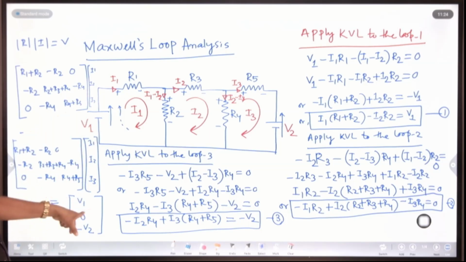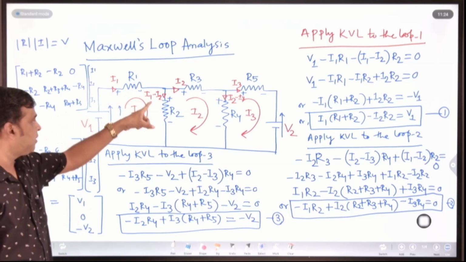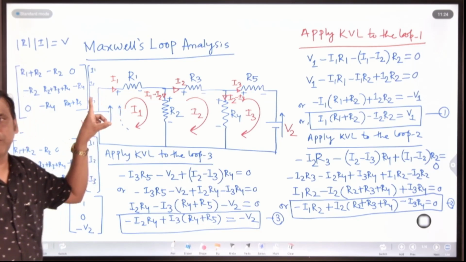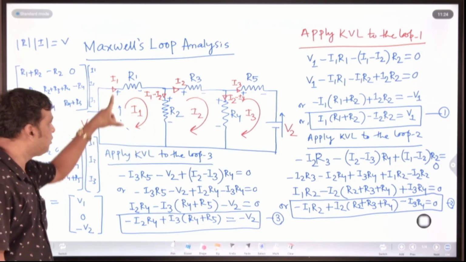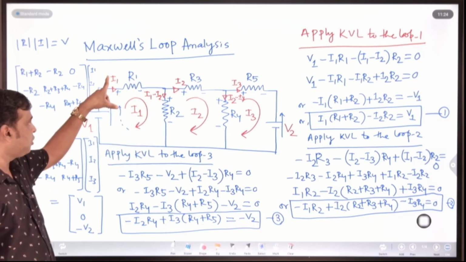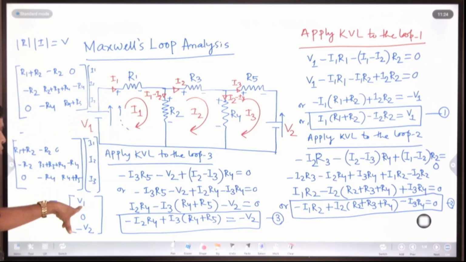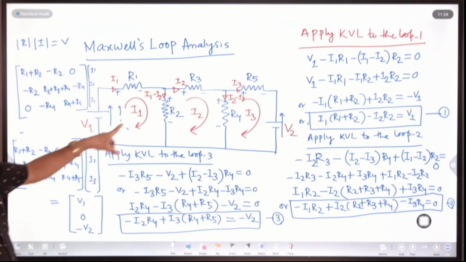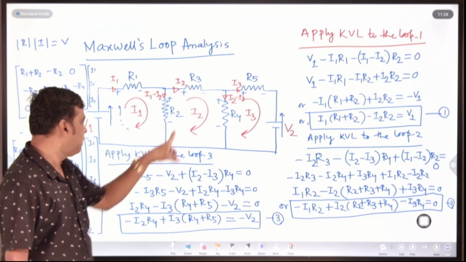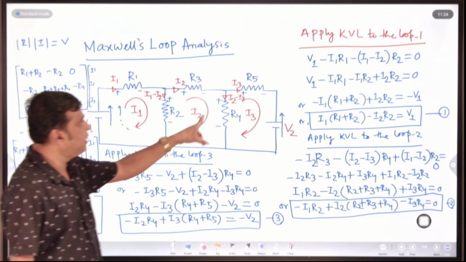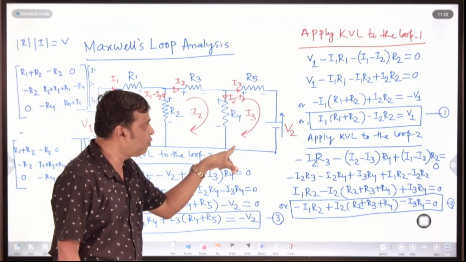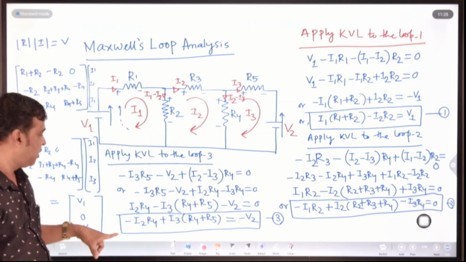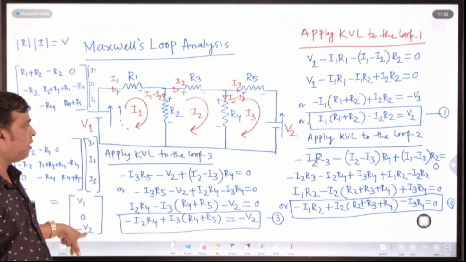When you are writing the voltage matrix, the direction of the current must be the same as the voltage source. Here the direction of the current is clockwise and the voltage direction is upward, the same direction. So that's why this V1 is positive. In the second loop there is no voltage source, the net voltage is 0. In the third loop the direction of current is opposite the direction of the voltage source, so this will be minus. Are you clear or not?